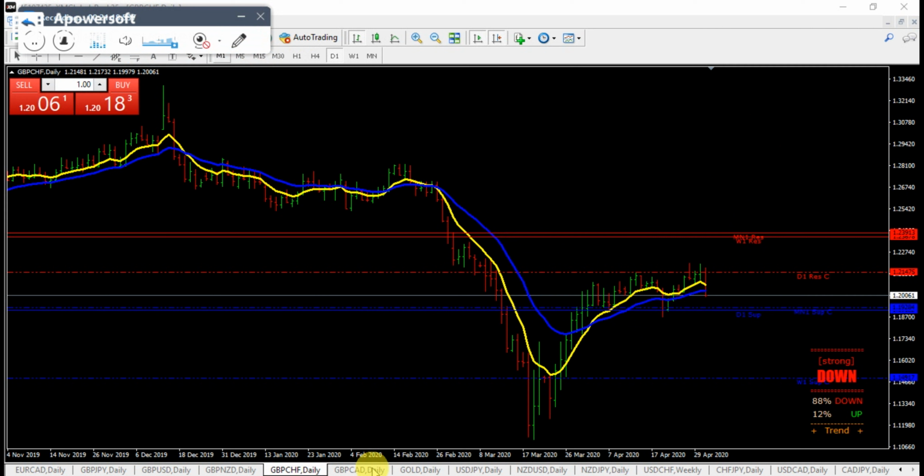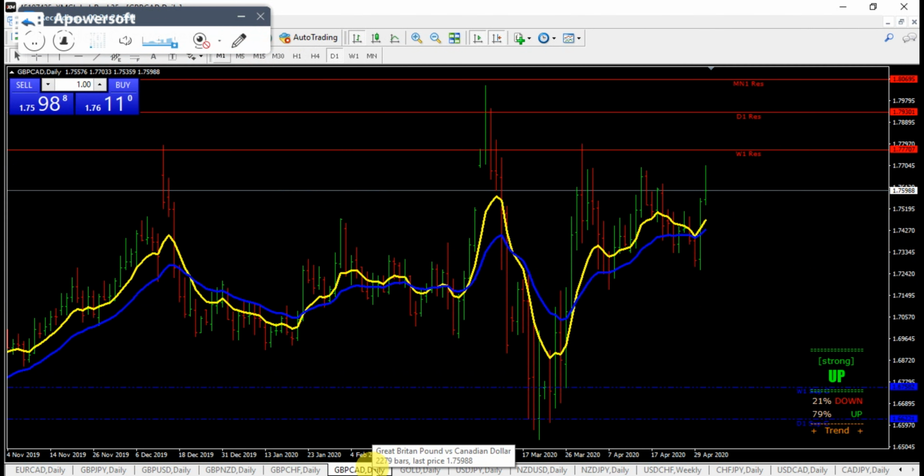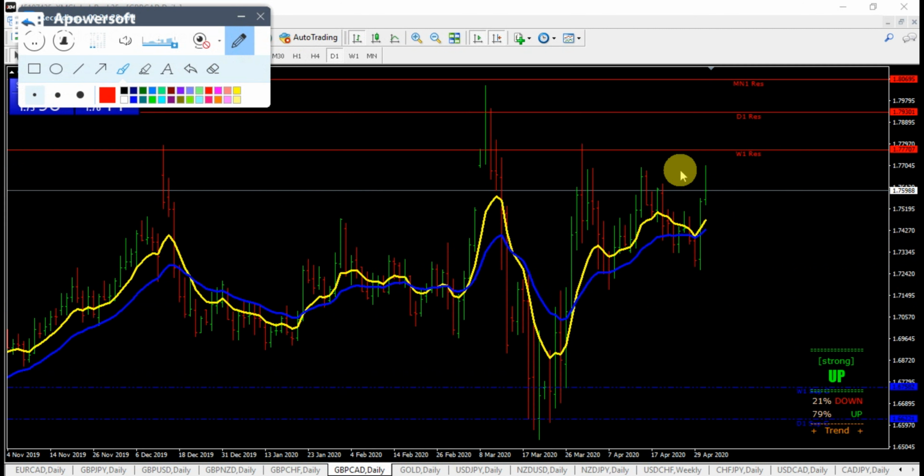GBP CAD, as I told you in my previous analysis as well, I'm expecting GBP CAD to come down. As you can see, that's a nice trade. I'm just waiting for it to touch one of these resistance levels. I will look at the price action, then I'm going to sell it. This pair also gives us about 1000 pips easily in the long term.